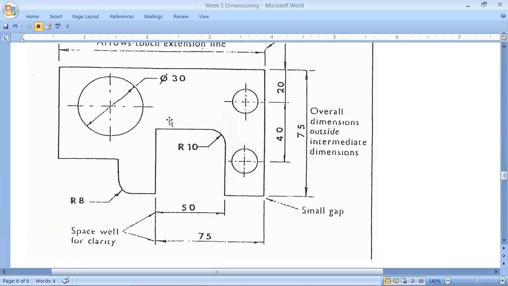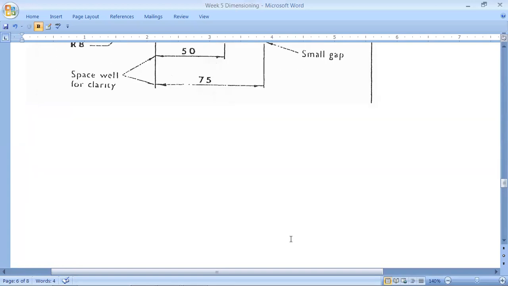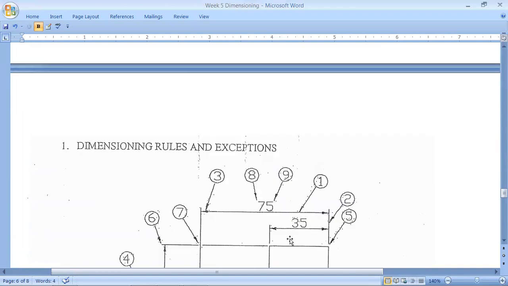These are what you have to take into consideration when you do the dimensioning for an orthographic projection or for an isometric or pictorial projection. This is the same rule for both types of projection.